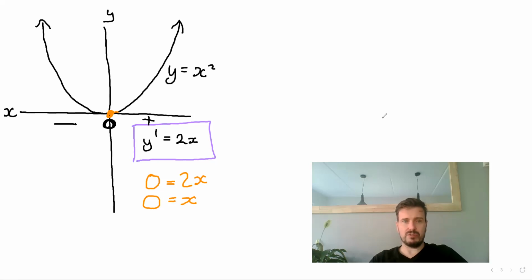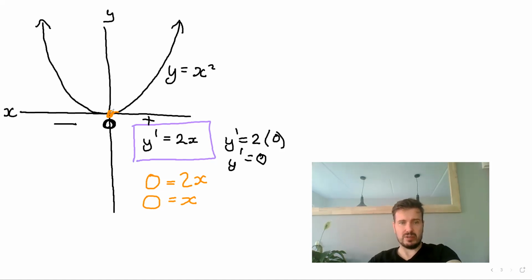Now, if we were to put a negative into our derivative, so first of all, let's just put our 0 in. To confirm, if you put in 0, y dash equals 0. That makes sense because when you put x as 0, you get 0 slope.